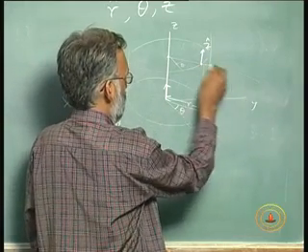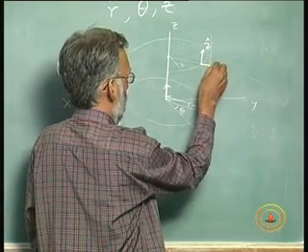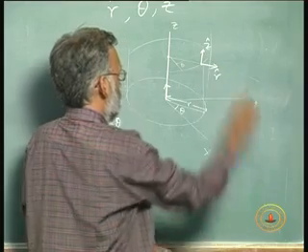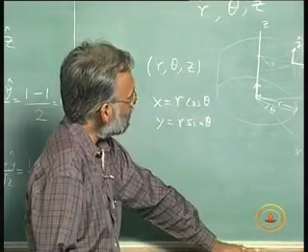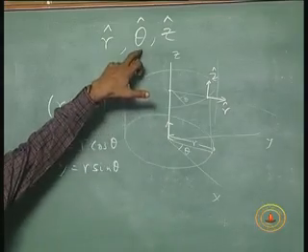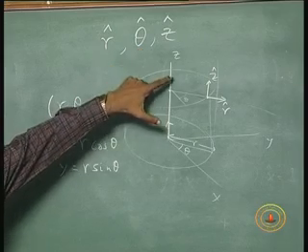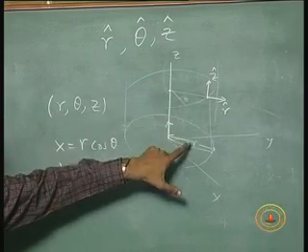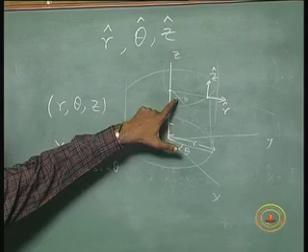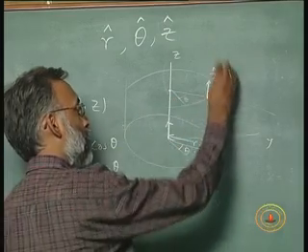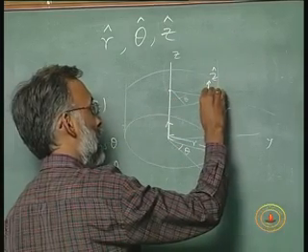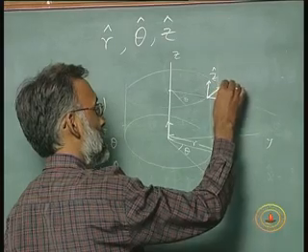So, you go on that line. This is called the r direction. The theta direction means keep z fixed, keep r fixed, but vary theta. So, if you vary theta, you are moving along the circle and the direction along the circle is this.